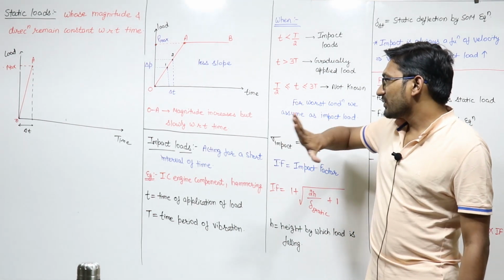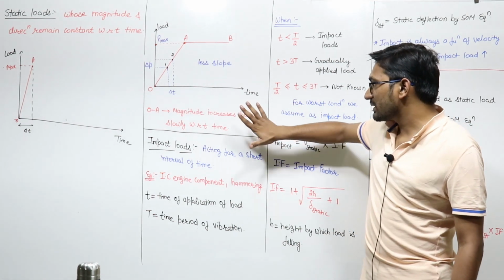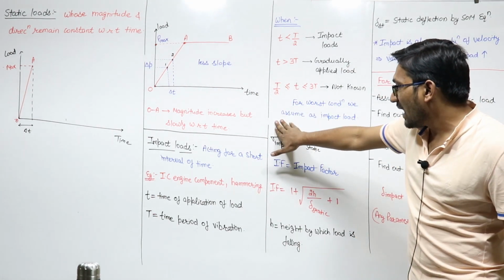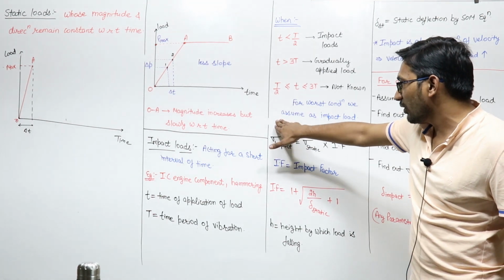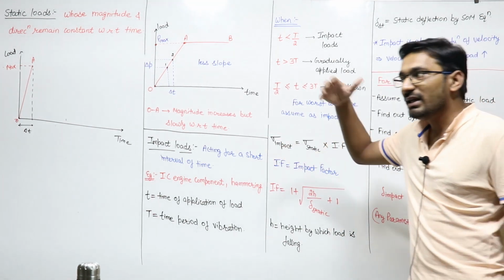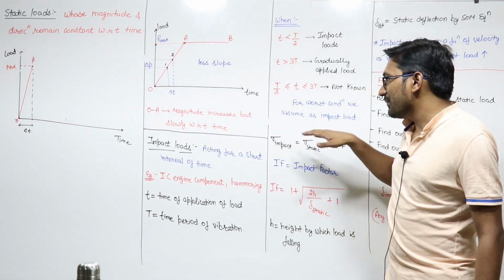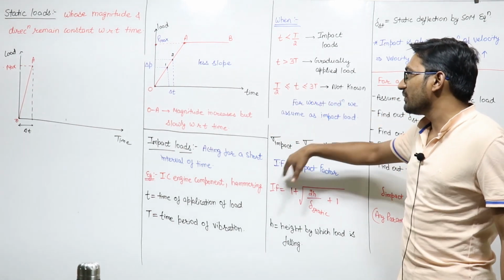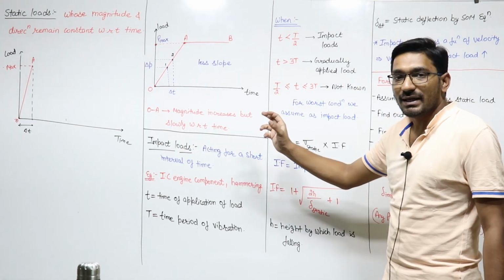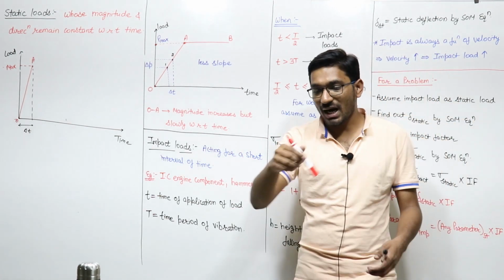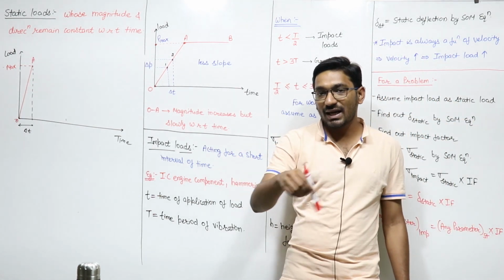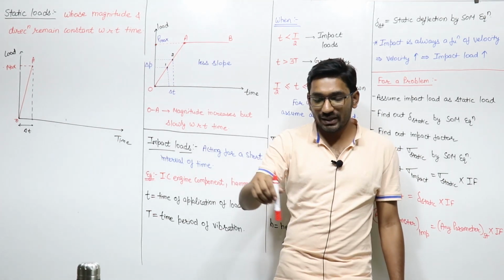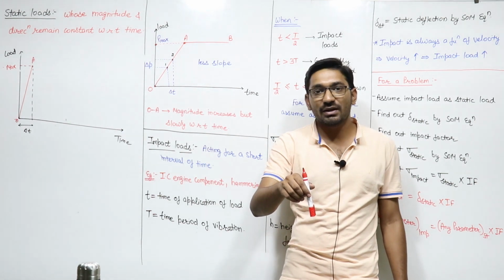If I apply a load on this board, whether impact or gradually applied, I am applying the load from 0 to maximum value. Because of this load, the molecules in the board will start vibrating. The time period of oscillation means the time taken by the molecule to reach its initial position.